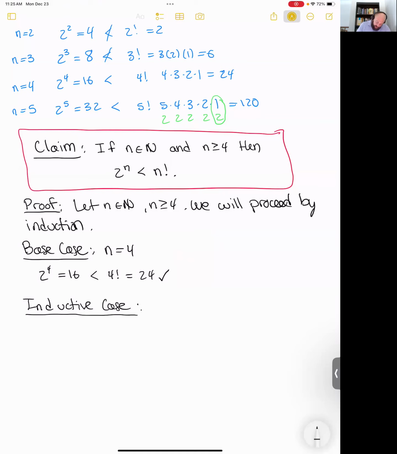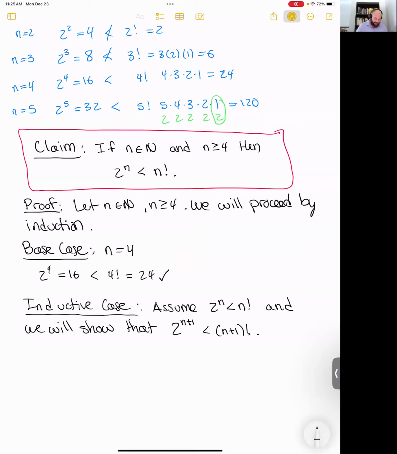Now in the inductive case, we want to assume 2 to the n is less than n factorial. So we can start at this rung, and we will show that we can step to the next rung in the ladder, which means that we will show that 2 to the n plus 1 power is less than n plus 1 factorial.